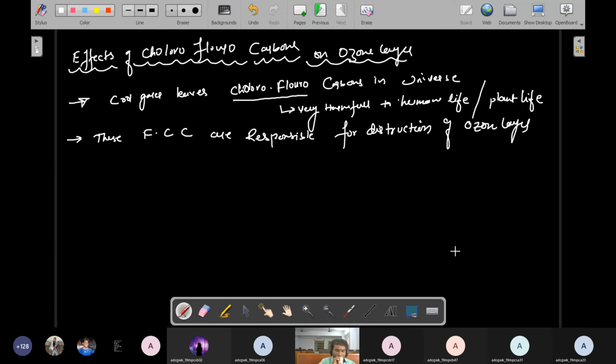Okay, what will happen if these fluorochlorocarbons are directly released to the universe? So these are very, very dangerous carbons which are released to the universe. That means it is directly responsible for reduction of the ozone layer.